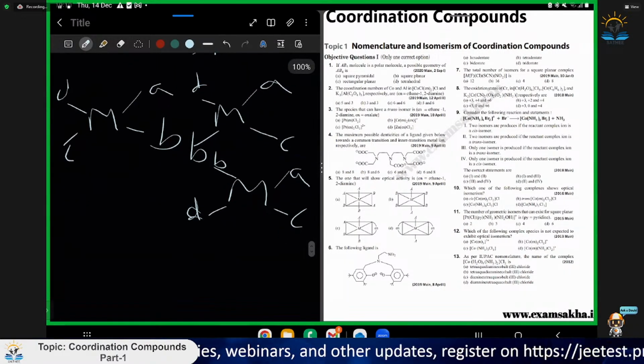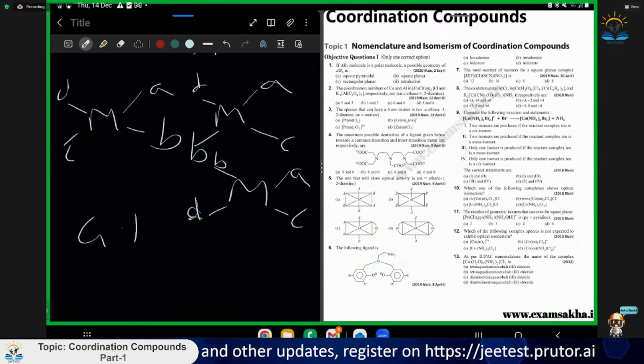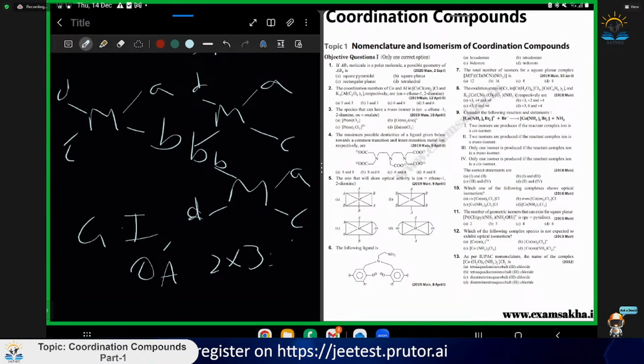Basically, opposite to A, I put B once, C once, D once. GI all are optically active. So 2 into 3, 6.